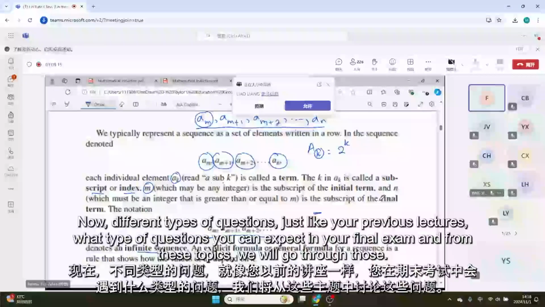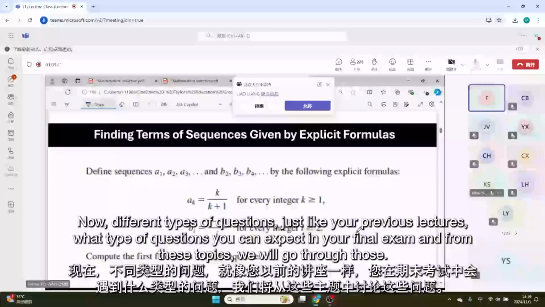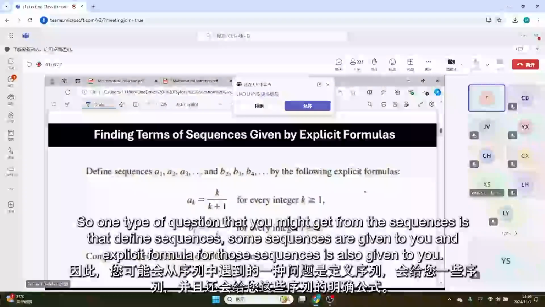Now, different types of questions, just like your previous lectures: what type of questions can you expect in your final exam from these topics? We will go through those. One type of question that you might get from sequences is to define sequences. Some sequences are given to you, and an explicit formula for those sequences is also given to you.